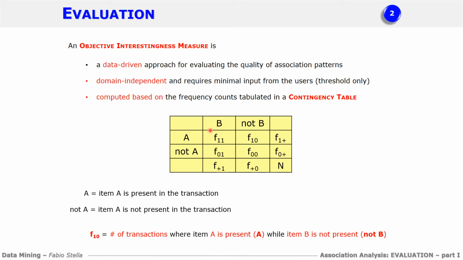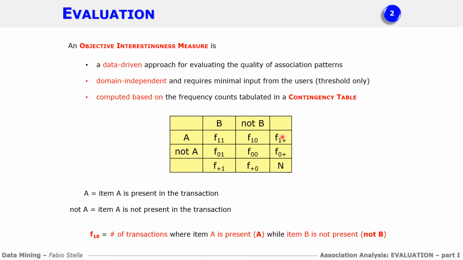So in particular, F11 is the number of transactions where both items A and B are present. F10 is the number of transactions where the item A is present and the item B is not present. The same applies to the other elements of the contingency table.